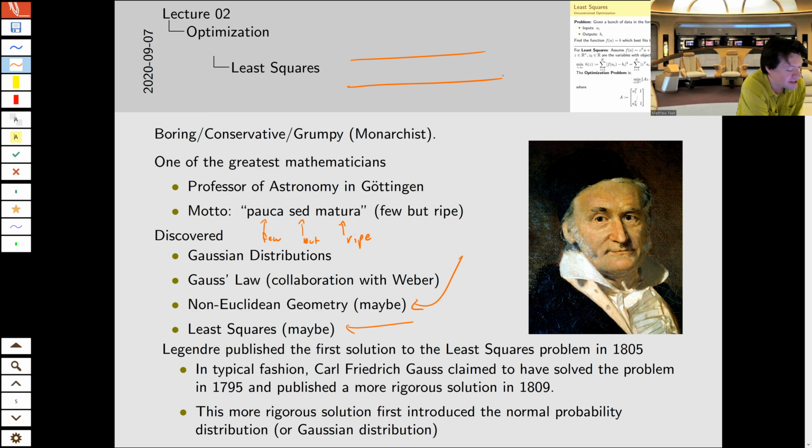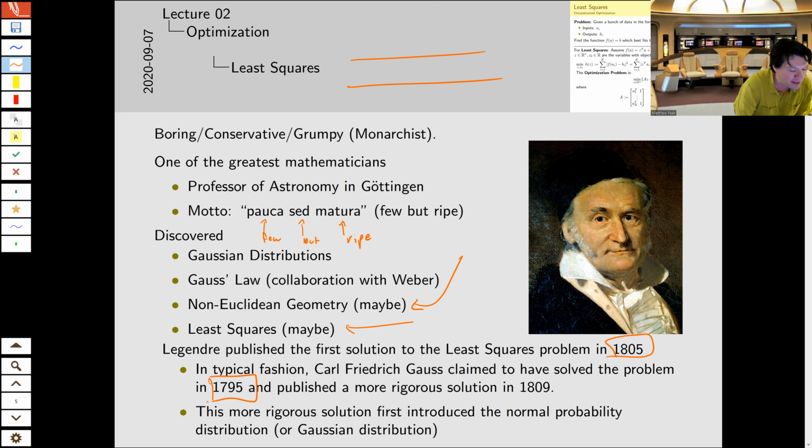And least squares is another of those cases. So Legendre, a very famous mathematician, actually published the first solution to the least squares problem in 1805. And in typical Gauss fashion, he claimed himself to have solved the problem 10 years earlier, in 1795.